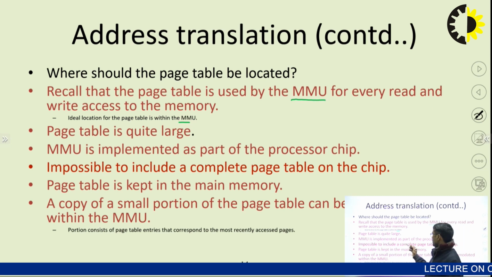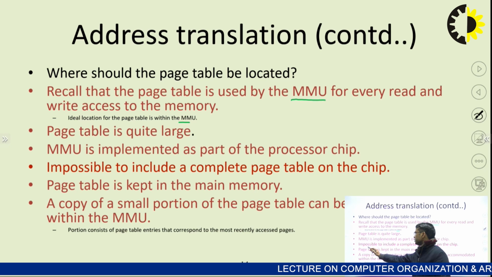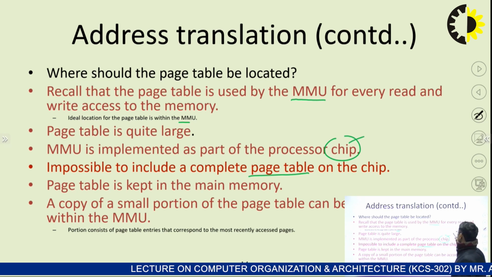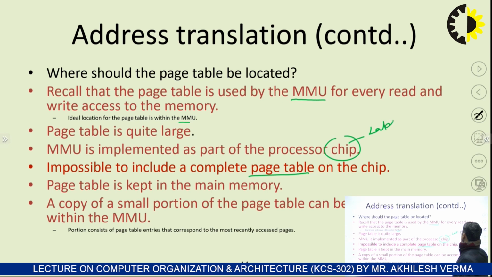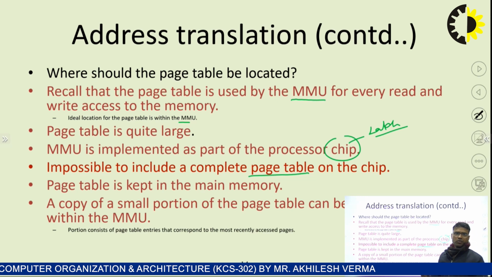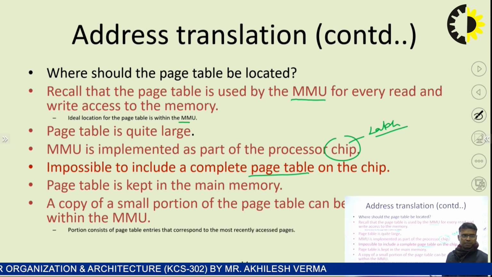So, we can implement the page table in the MMU, but we cannot put all the page table entries in the chip because it is quite large, around 40 to 80 lakhs of entries, which we cannot keep on a chip.